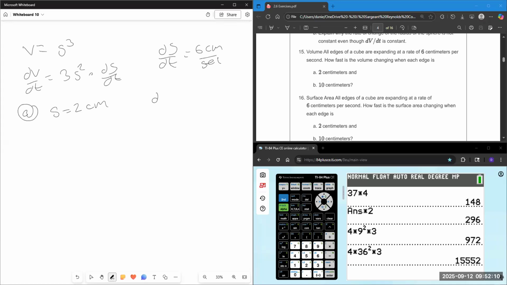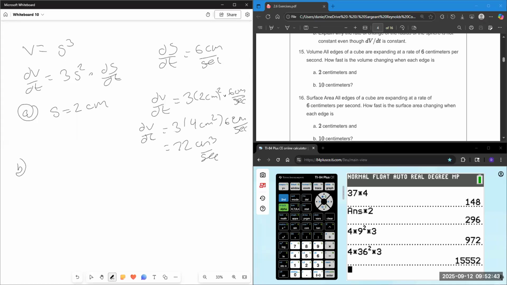So dV/dt is 3 times 2 centimeters squared times 6 centimeters per second. Don't think I need the calculator for that one. 3 times 4 centimeters squared times 6 centimeters per second. That's 12 times 6 is 72 cubic centimeters per second.